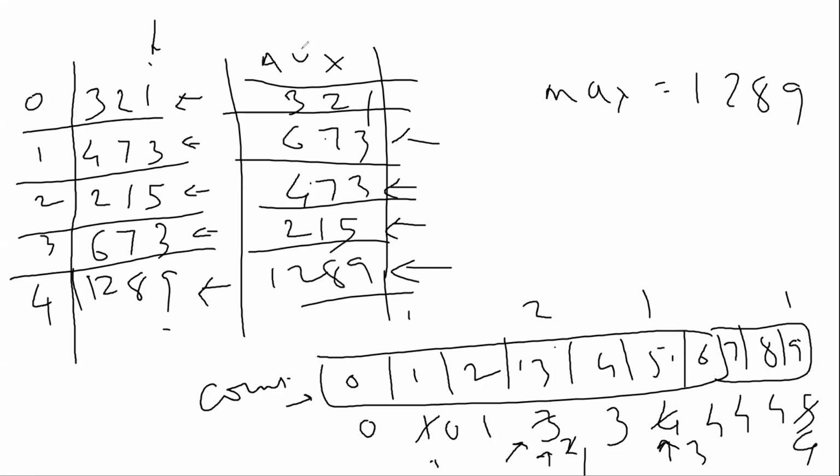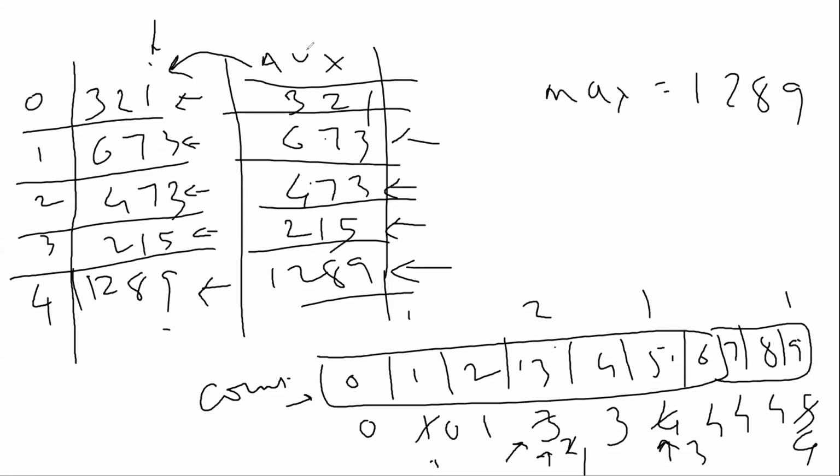So when I do this, I now make this auxiliary array the input array. I copy all these elements over here because I've already sorted the last digit. When I copy that, I'll have to change most of them here. So this will be 6, 7, 3, 4, 7, 3, and 2, 1, 5.